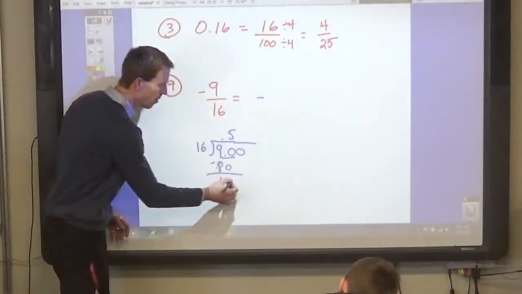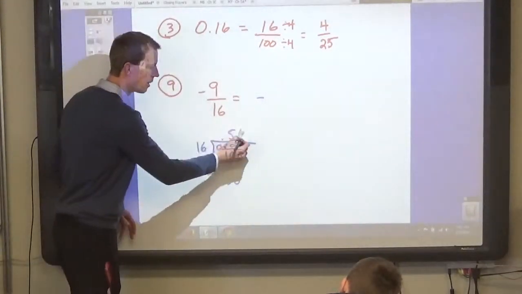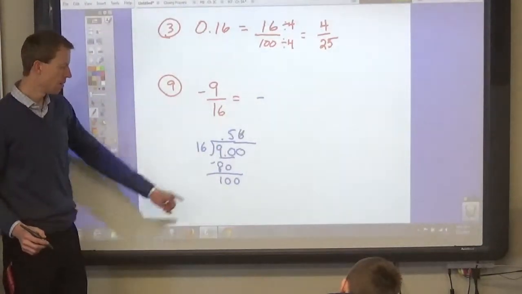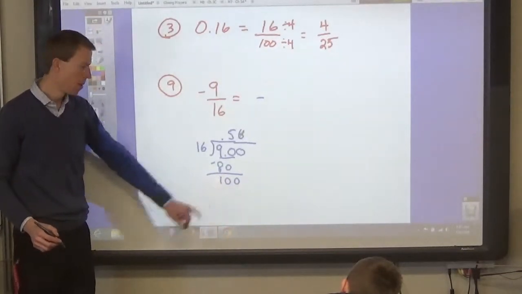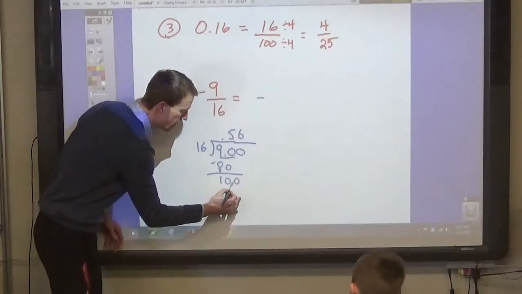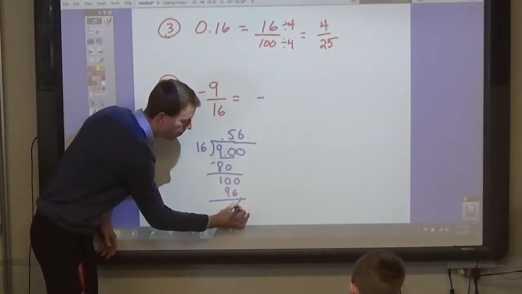So it's remainder 10, bring down another 0. Then it goes in 6 times, because you'd be able to get another 16 in there. So 6 would be 96, remainder 4.